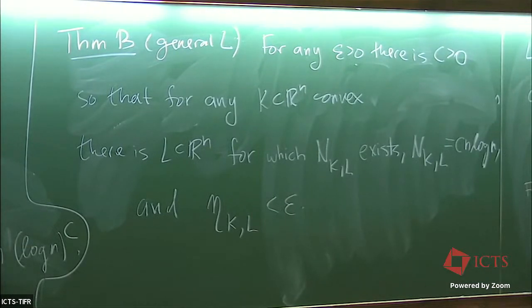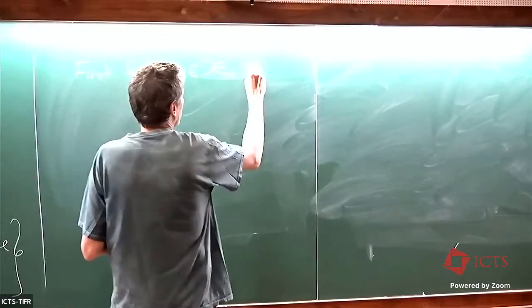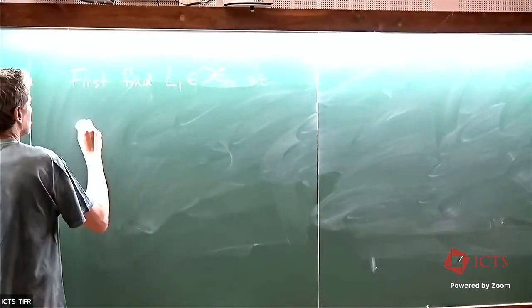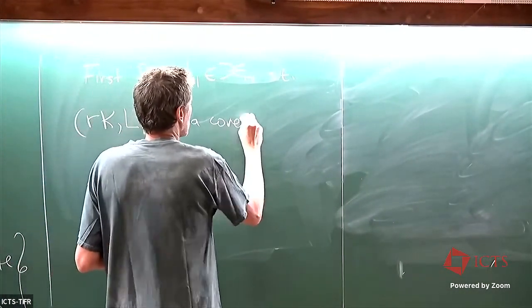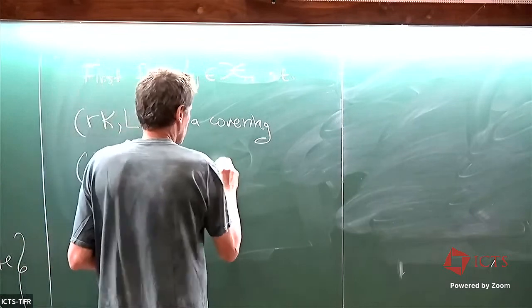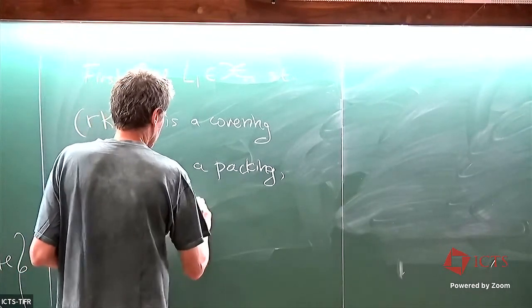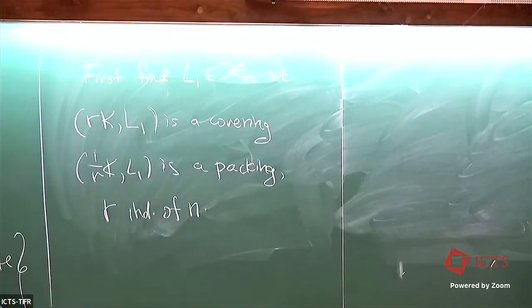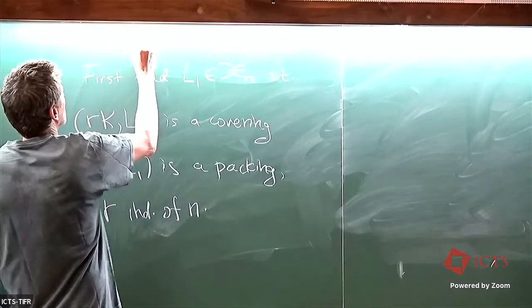So what we do is we first find a lattice L1 of covolume 1, so assume that the volume of K is 1.